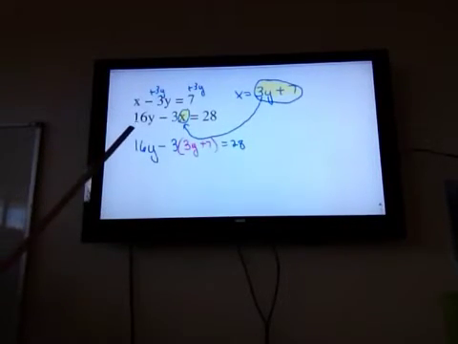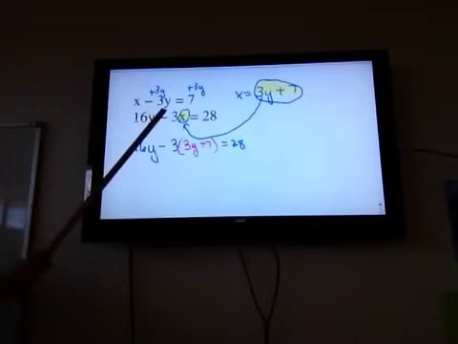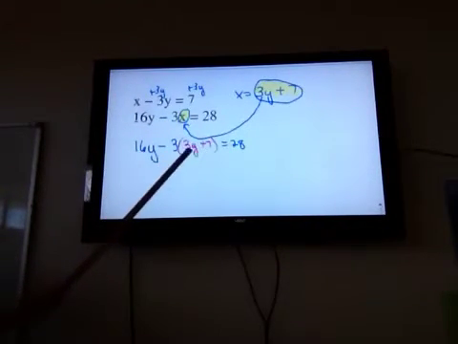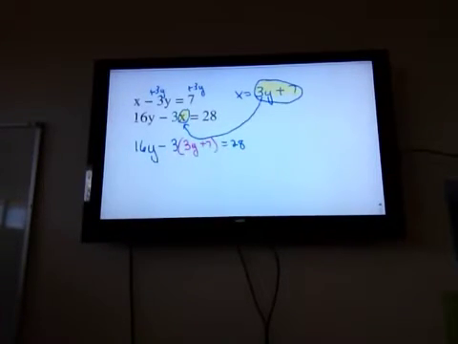You'll notice every other part stayed the same. The 16y minus 3. X comes out. Quantity goes in, which means we need those parentheses. Equals 28. Then I distribute: negative 3 times 3, negative 9y, negative 3 times 7, minus 21, equals 28.